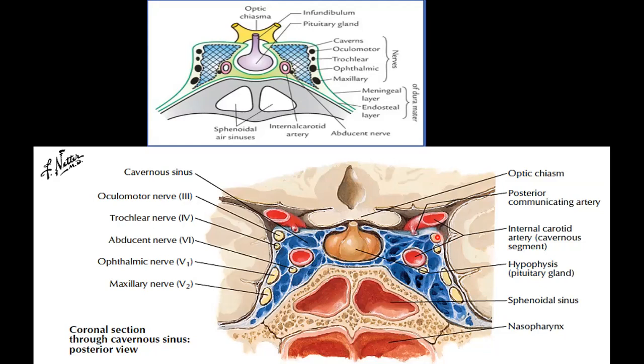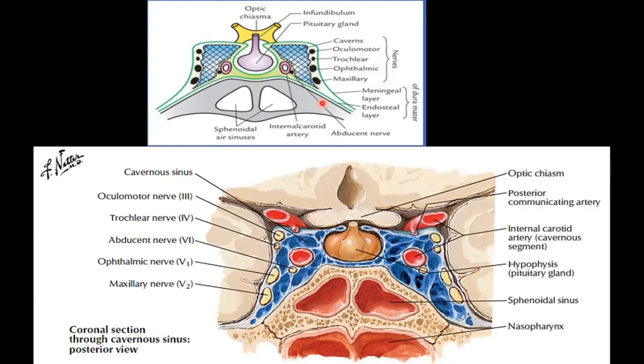Okay. Superiorly, you can see the upper limb of the U-shaped loop of the internal carotid artery. Okay. So inferiorly you have here the greater wing of the sphenoid bone.